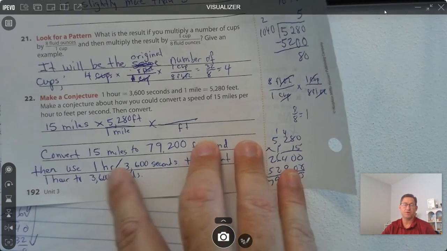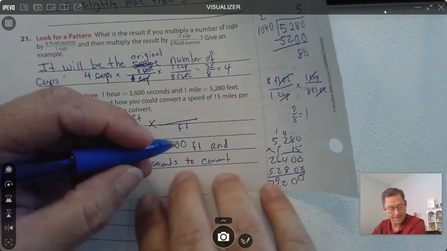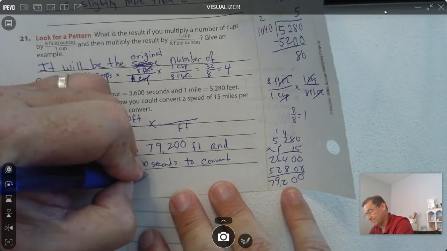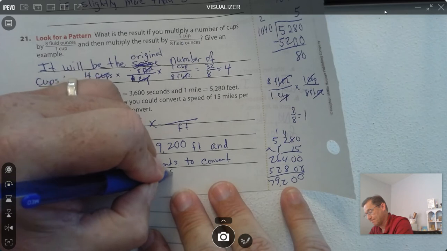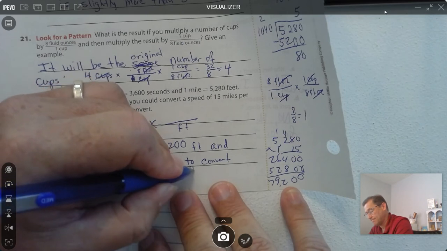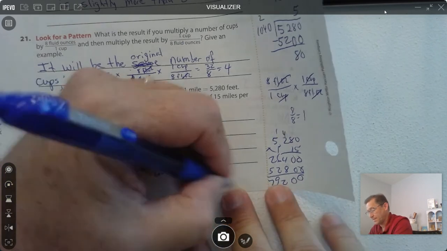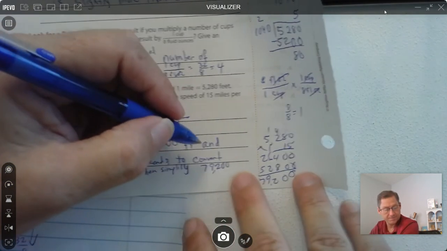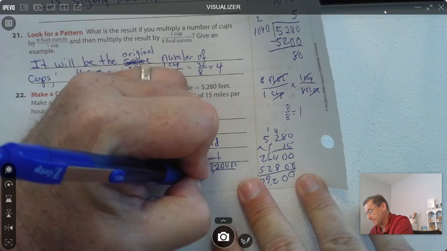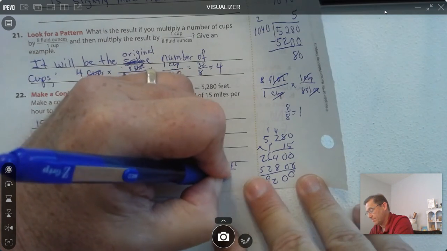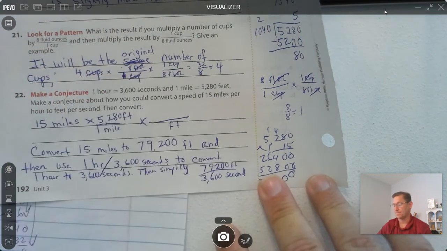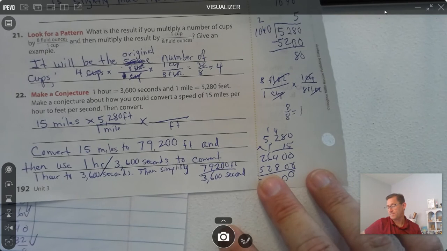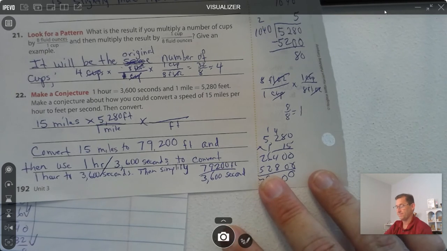So that's the ratio we're going to use. Okay, and then we're going to simplify. 79,200 feet per 3,600 seconds.